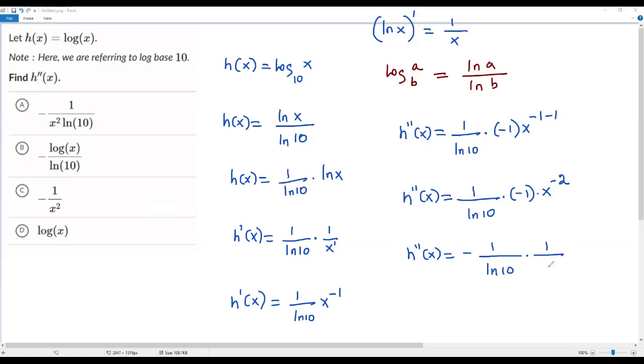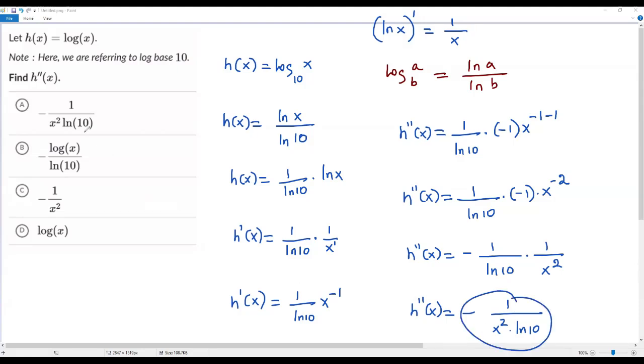So then I'm getting 1 over x to the second power. So finally, h double prime of x equals negative 1 times 1 is 1, and ln 10 times x squared can be written as x squared times ln 10. I got the second order derivative of the given function h of x, that is h double prime of x, that equals negative 1 over x squared times ln 10.